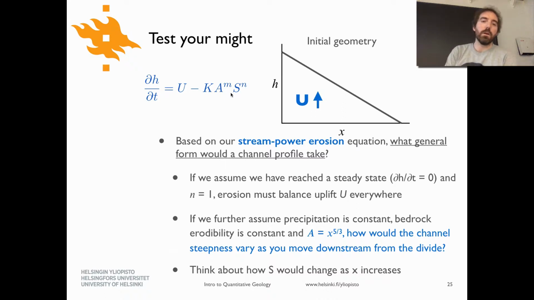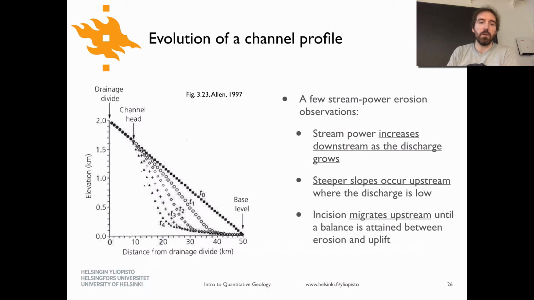And if the river is meant to be eroding at a constant rate, that means the slope has to get shallower in order to offset the fact that the drainage area is getting bigger or that you're getting more water in the river. So what we would expect then is this kind of shape where it's steep up at the high elevations and it gets shallower as you go downstream, which actually looks a lot like real rivers.